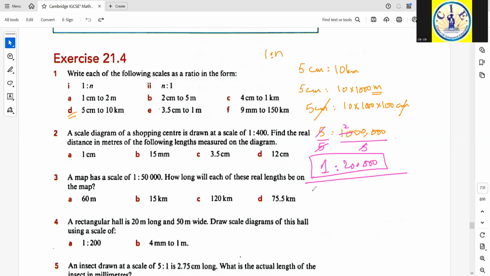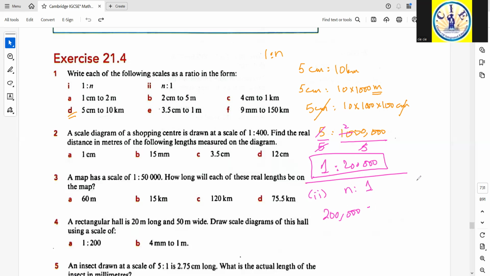Okay, now for the second part, converting it n is to 1. As I told you that it is not just to write it down like this so that you are swapping these values. That is a wrong practice. This is not what is to be done.